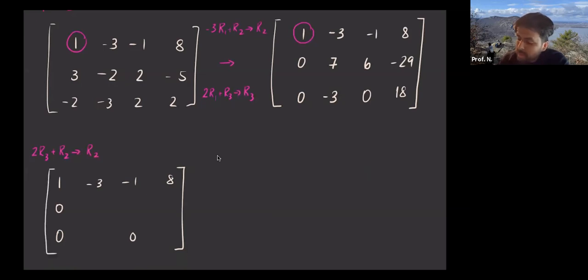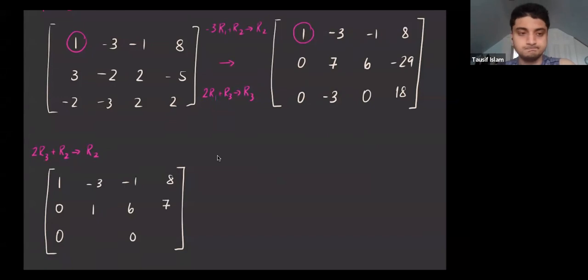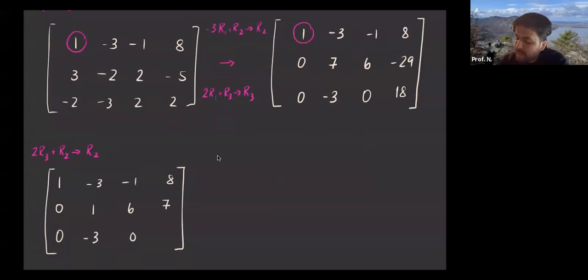So this becomes 1. This becomes 6, because you're multiplying this by 2, which is just by itself, and then you multiply 18 by 2, you get 36. So this becomes -29. This becomes +7. This is -3, and this is 18.